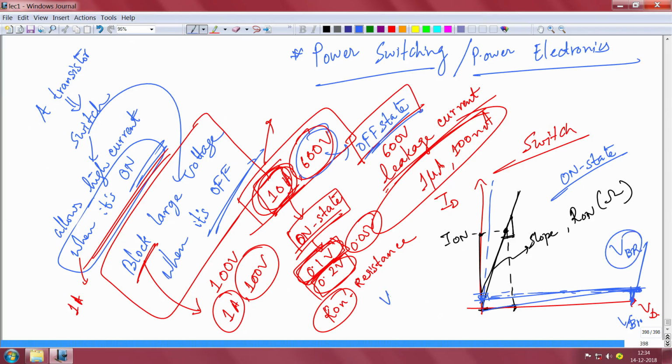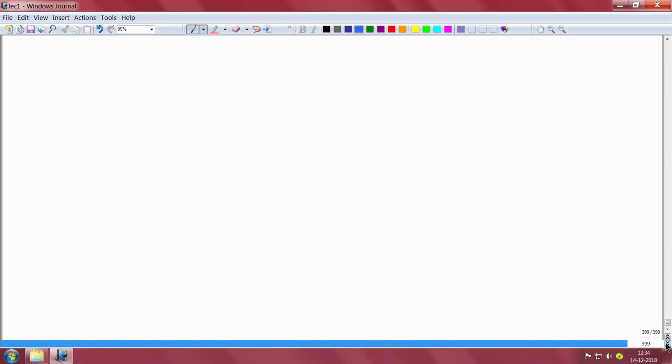So apparently this breakdown voltage that you can get and this on resistance that you can get are related. Please remember that on state resistance corresponds to only on state current, and the breakdown voltage corresponds to the off state condition when the leakage should be low, and the breakdown voltage and the on state resistance are actually related to each other by something called Baliga figure of merit.